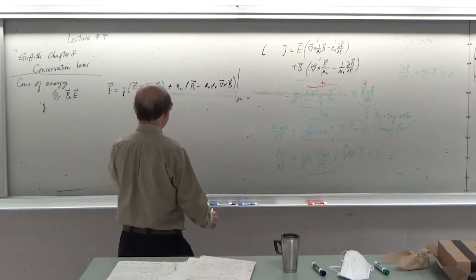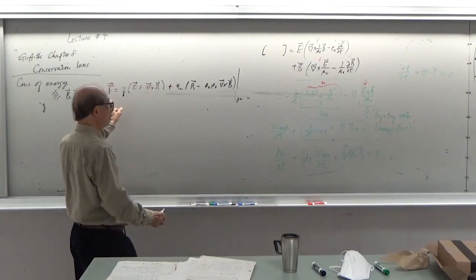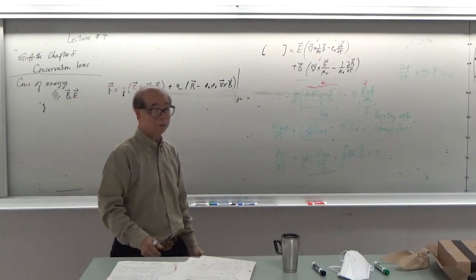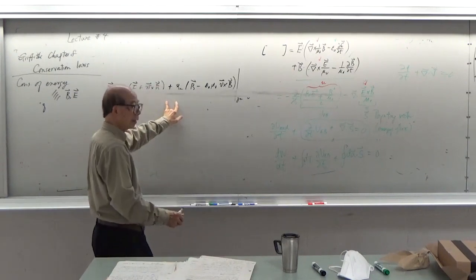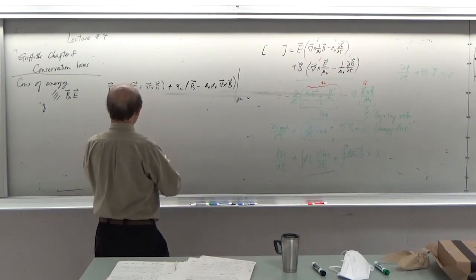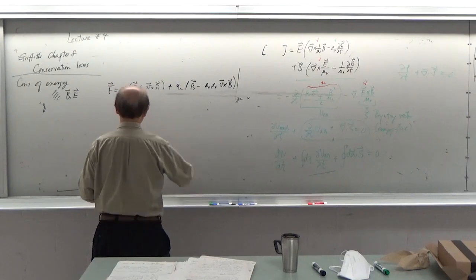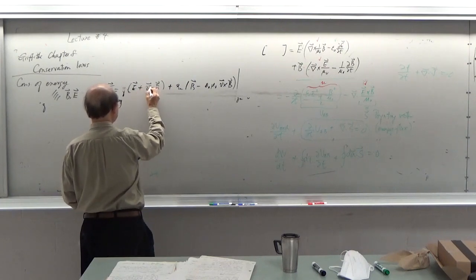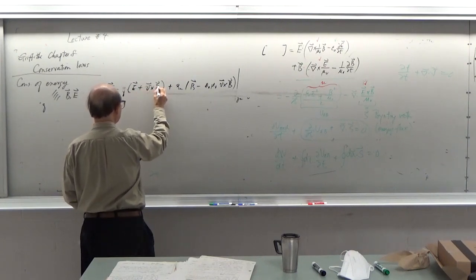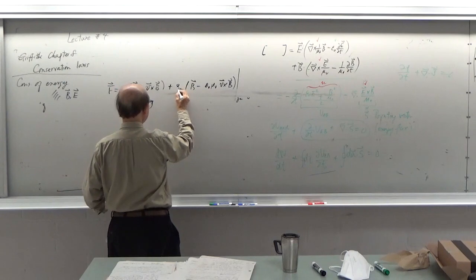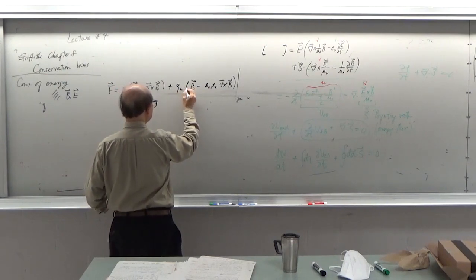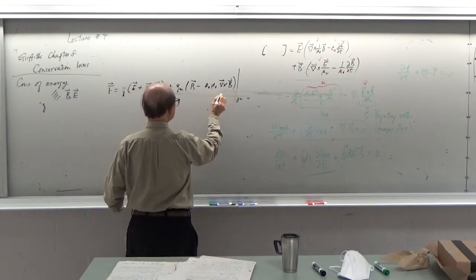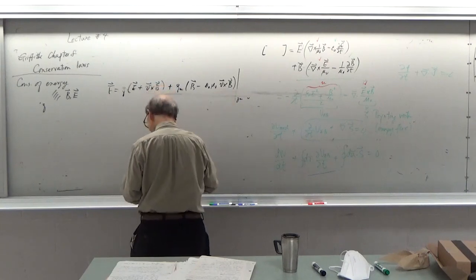So I have to start with the whole expression for the force in the Lorentz force law, E plus v cross B, and the magnetic charge terms.